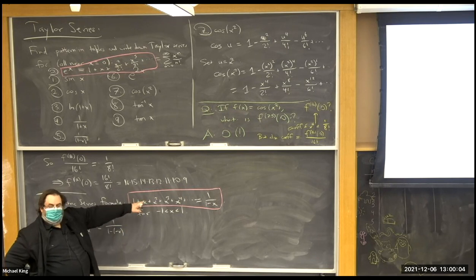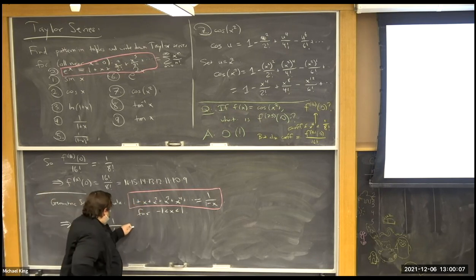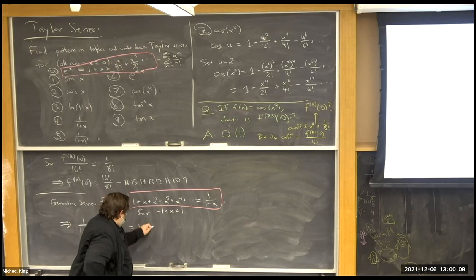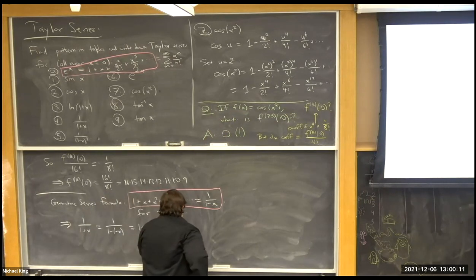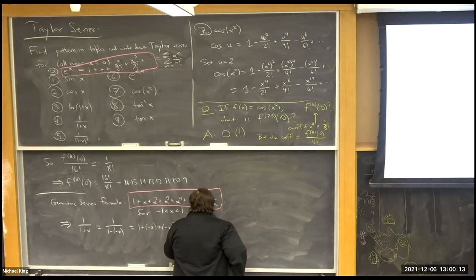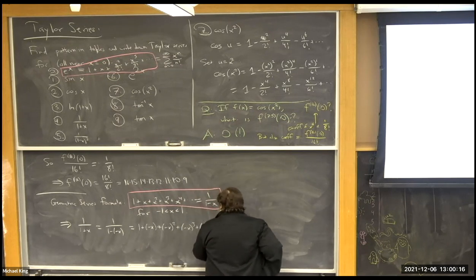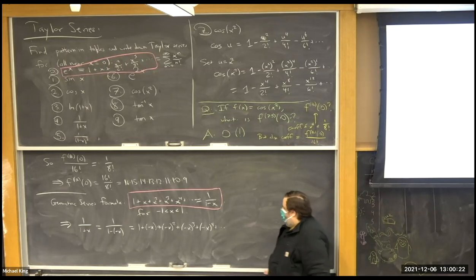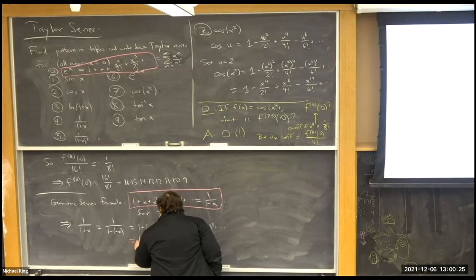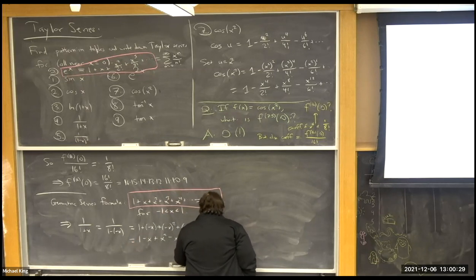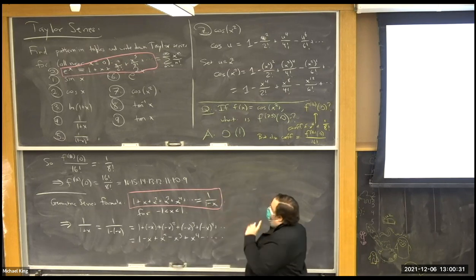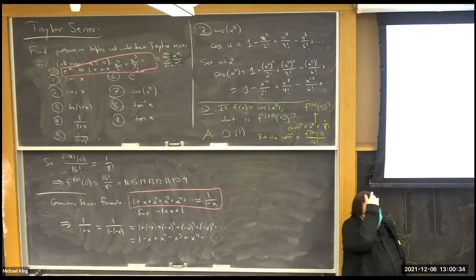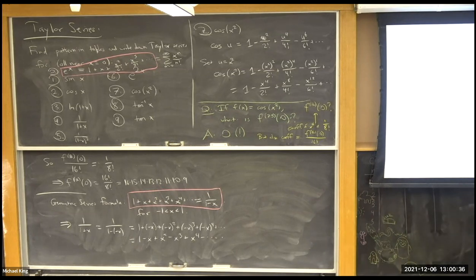So I can use this formula and say that's the same thing as 1 plus negative x plus negative x quantity squared plus negative x quantity cubed plus negative x quantity to the 4th, and so on. And that's 1 minus x plus x squared minus x cubed plus x to the 4th. So that's what you found actually in number 4, right? But I'm saying there's a faster way to do it, or a reason why that pattern's there.